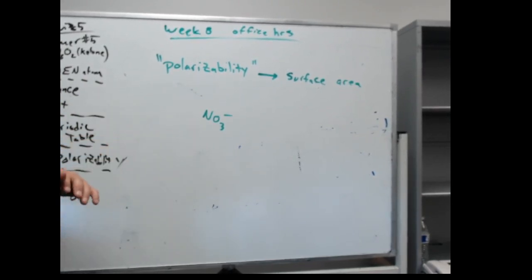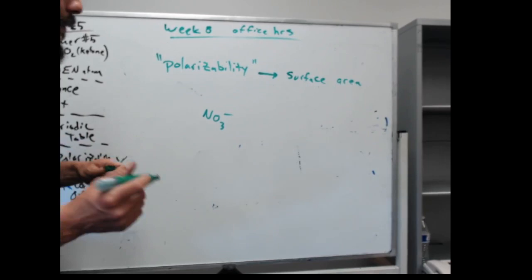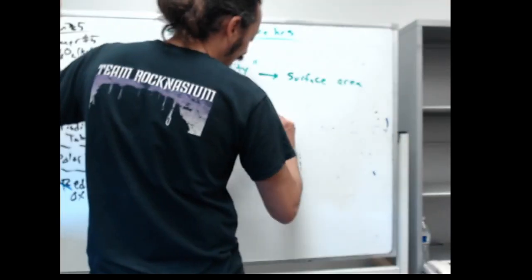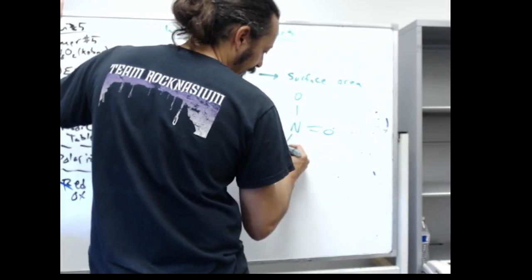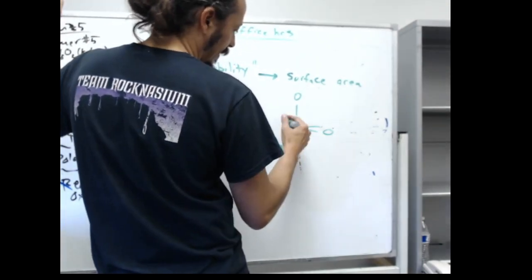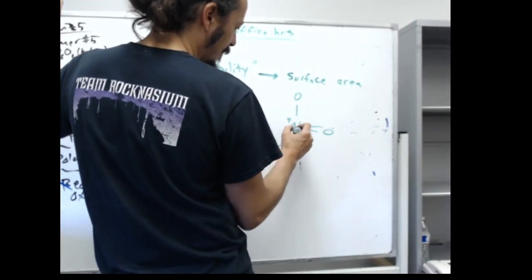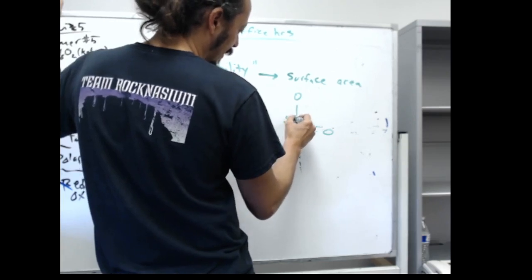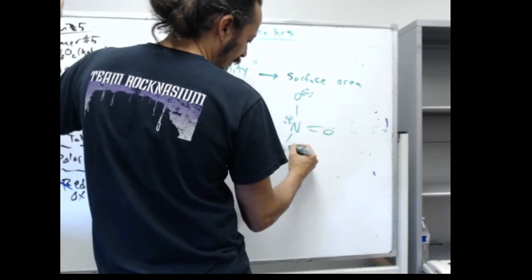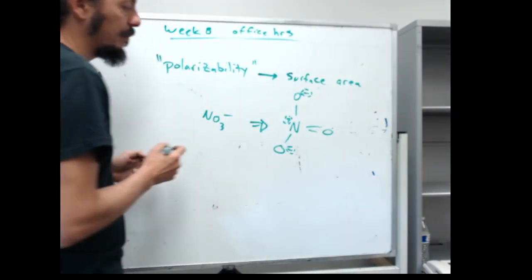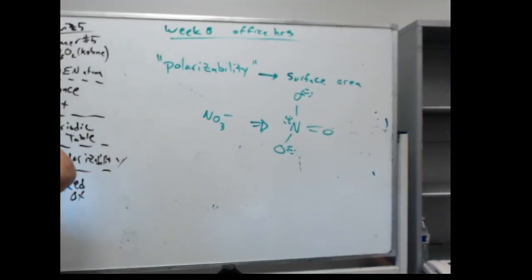Now, I just realized as I was talking, this is a bad example, because if we draw the Lewis structure for nitrate, it looks like, I guess it's not a bad example. Nitrate's a weird one where we've got a plus charge on the nitrogen, and the minus charge is on the oxygen.